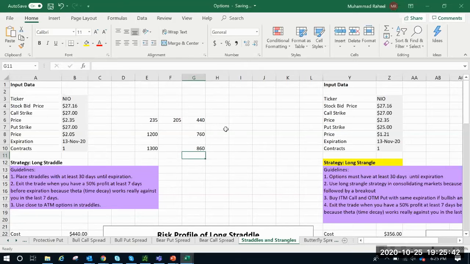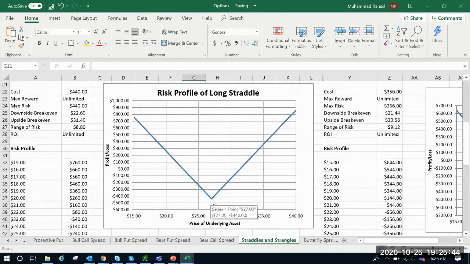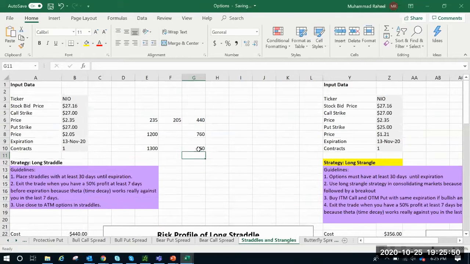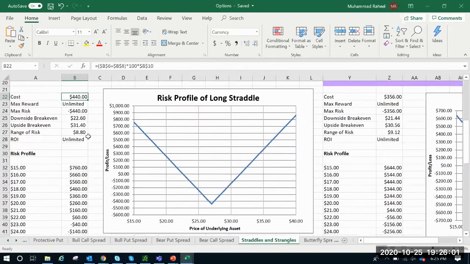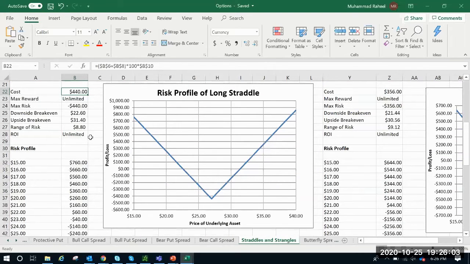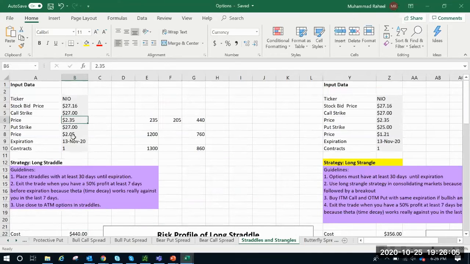So the idea is these straddles, you are counting on the stock to really move. Now, the worst case scenario would be what? The stock really did not do anything in the next 3 weeks, which is unlikely because there's going to be earnings and all that. But your worst loss will be 440, because basically everything expired worthless, the call and the put both expired.